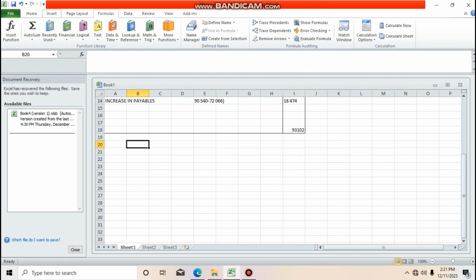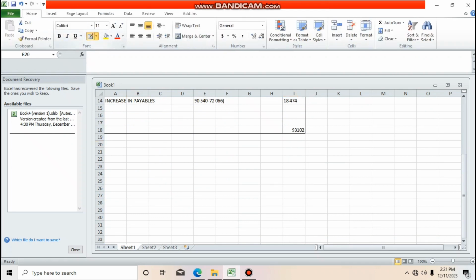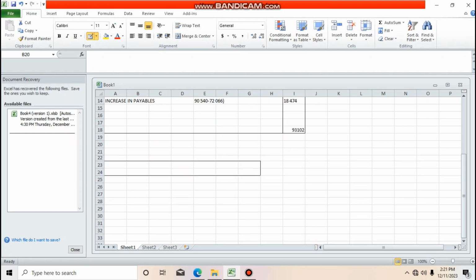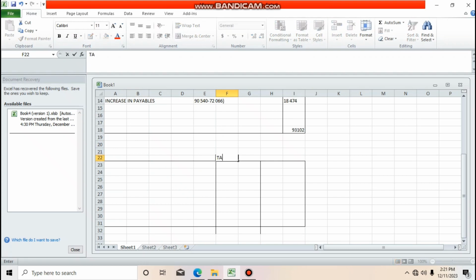So allow me to grab my pen. Then I'm going to have taxation and dividends. Okay, so this side I'm going to have taxation and dividends. So we're going to have the balance at the beginning.